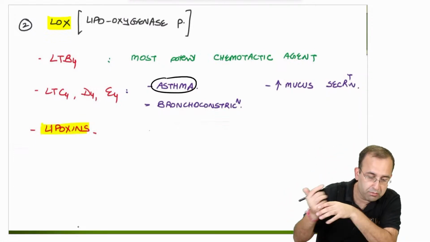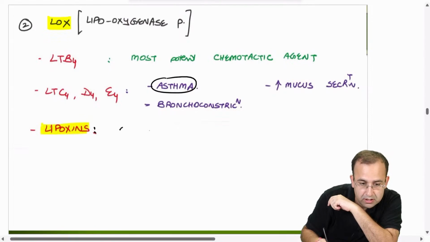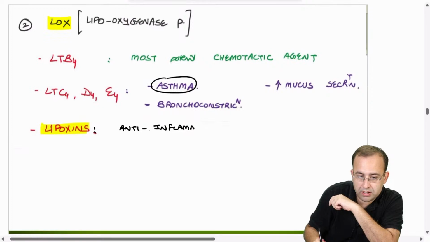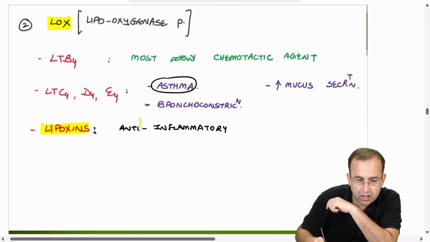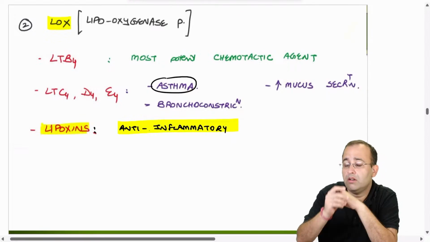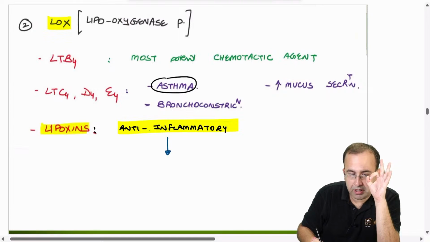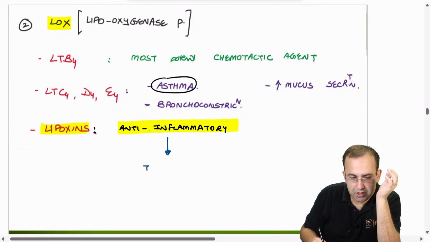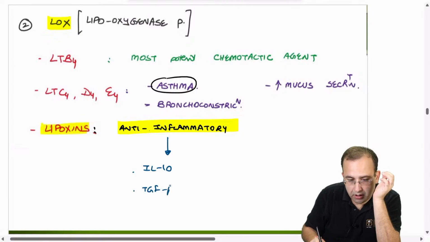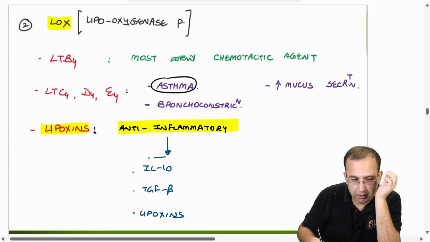And the most important, lipoxins, which are anti-inflammatory in nature. Very, very important. There are only 3 anti-inflammatory mediators, which are interleukin 10, TGF-beta, transforming growth factor beta, and lipoxins.